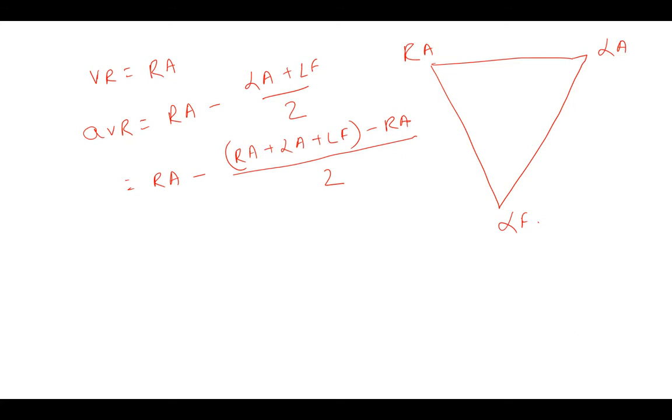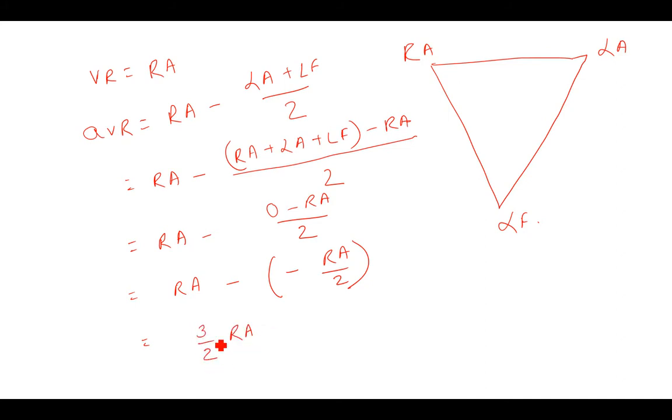So we know that RA plus LA plus LF is equal to 0. So RA minus 0 minus RA by 2 is equal to RA minus RA by 2, that is 3 by 2 RA.